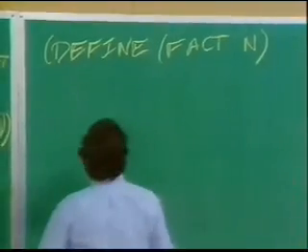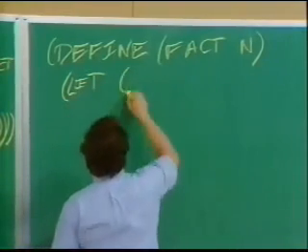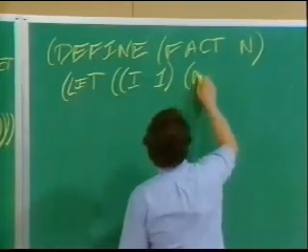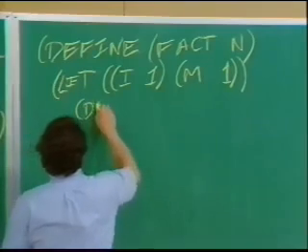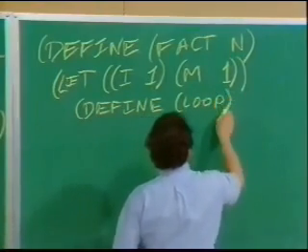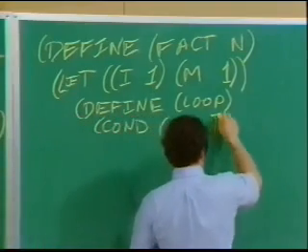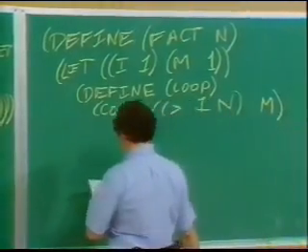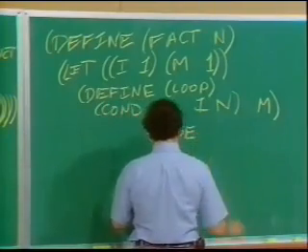Factorial of n. I'm going to create my two variables. Let i be initialized to 1 and m be initialized to 1. We'll create a loop, which says cond: if i is greater than n, we're done, and the result is m, the product I'm accumulating. Otherwise, I'm going to write down three things to do.